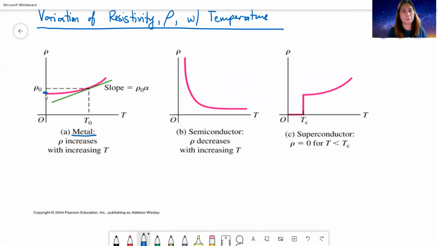If you increase the temperature, there's no significant increase in the resistivity yet. But the moment this reference temperature is exceeded, if the metal is heated, when its temperature rises, then there's an exponential increase here. If you extrapolate this, the slope becomes greater and greater.